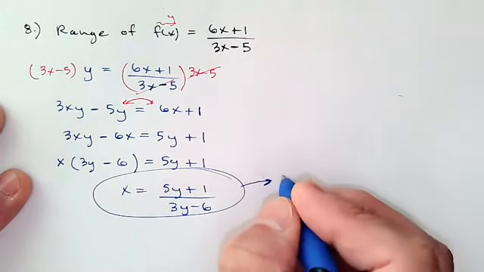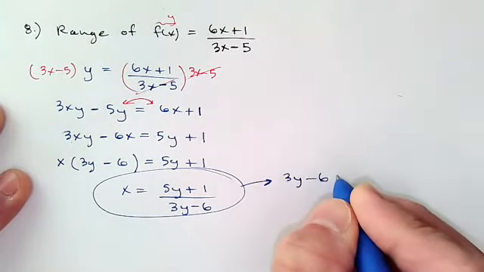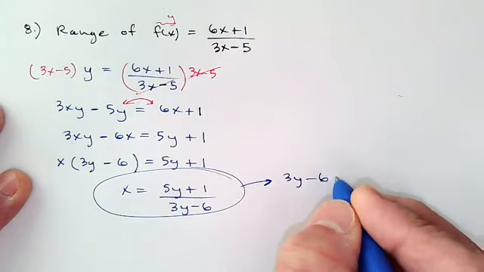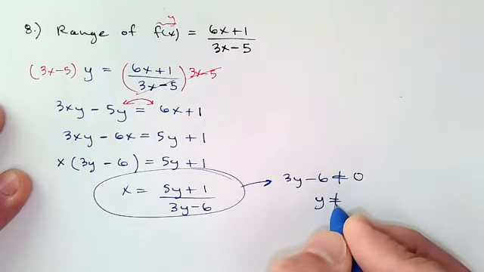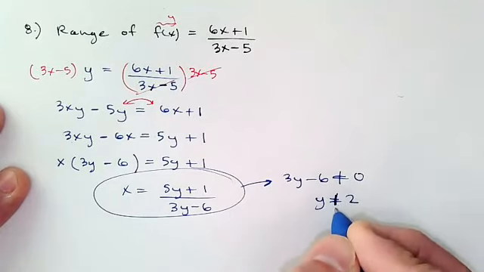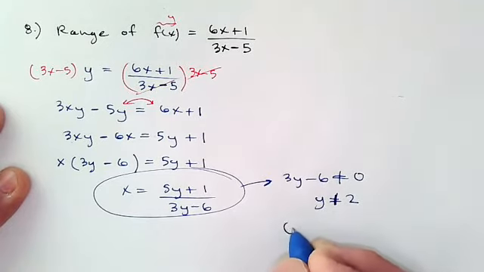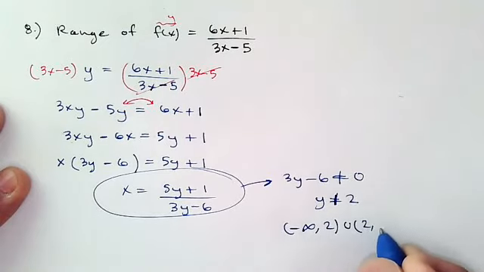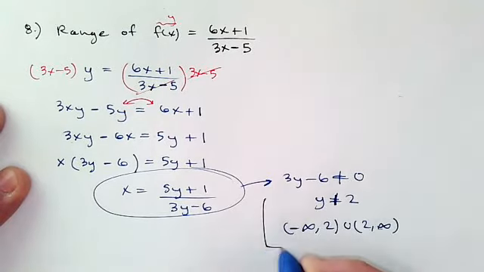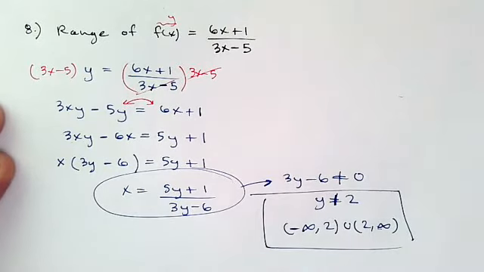Because you have a fraction and we can see that 3y minus 6 cannot be equal to 0, which means y cannot be equal to 2. And that would be my range, right? Which in interval notation is from negative infinity to 2, union 2 to infinity. This would be my range.